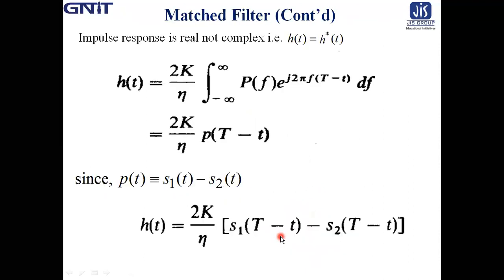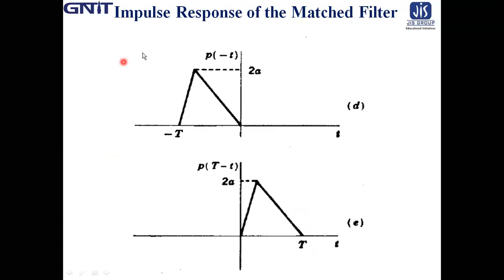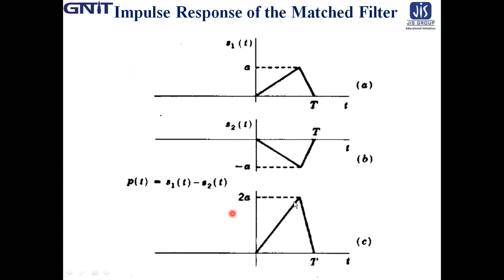Then you have to determine p(minus t), that is the mirror image, and then p(T minus t), that is shifted by an amount plus capital T. From p(t), we now draw the waveform of p(minus t). See, this was the p(t) waveform, and now p(minus t) is that part here.